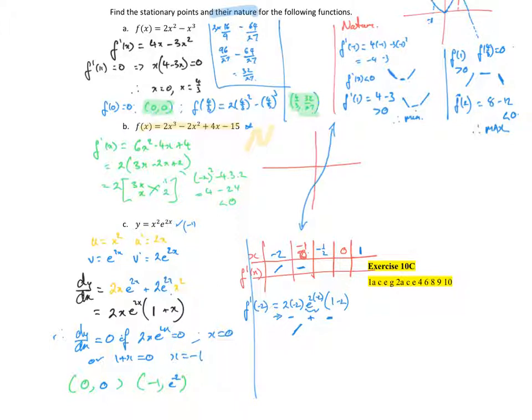So what about negative 1/2? What's negative 1/2 give me? That'll give me 2 times minus 1/2, e to the 2 times minus 1/2, times 1 minus 1/2. 2 times minus 1/2, well, that's negative. That's positive there, e to the minus 1.